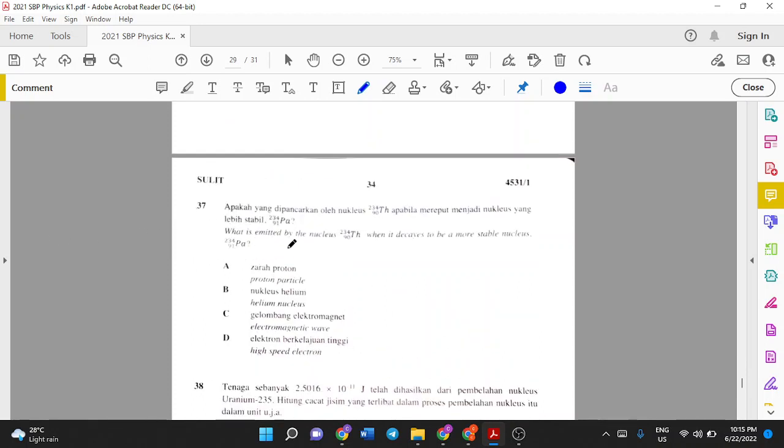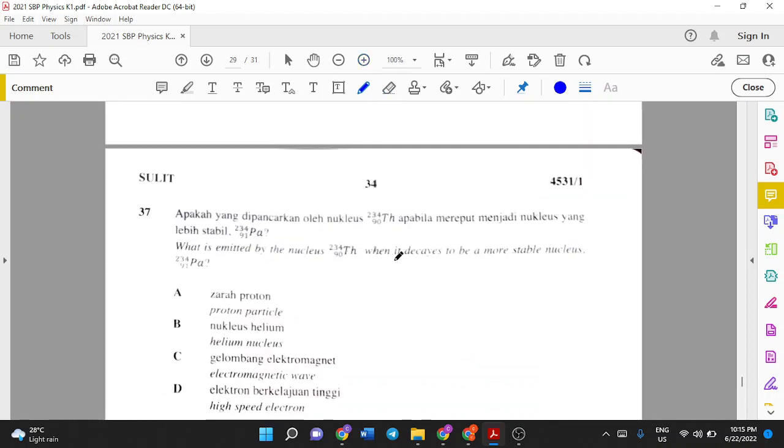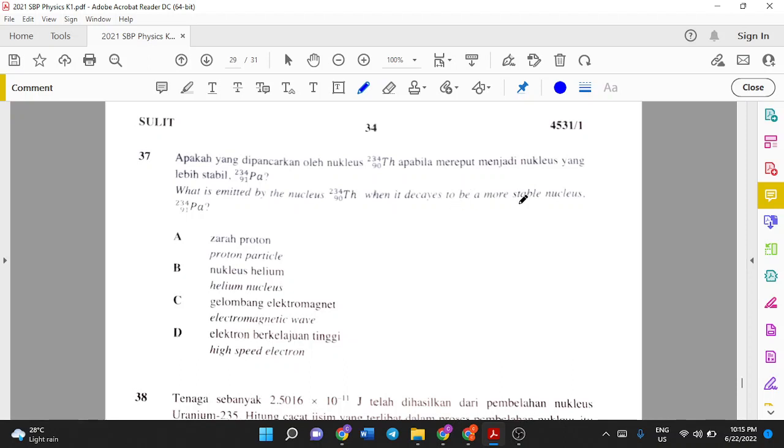37. What is emitted by the nucleus thorium-234 when it decays to a more stable nucleus? We have three types of radioactive decay. The first one is alpha, the second is beta, and the last one is gamma. Just remember that alpha emits a helium nucleus.